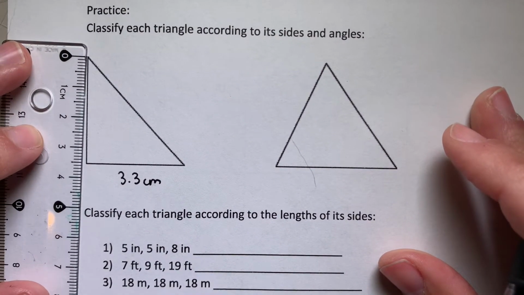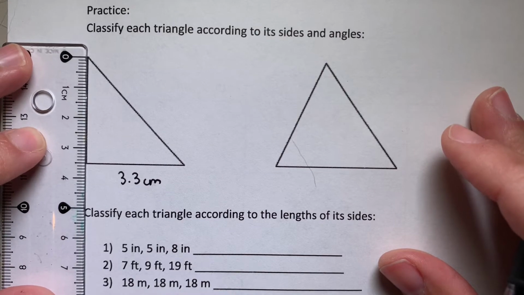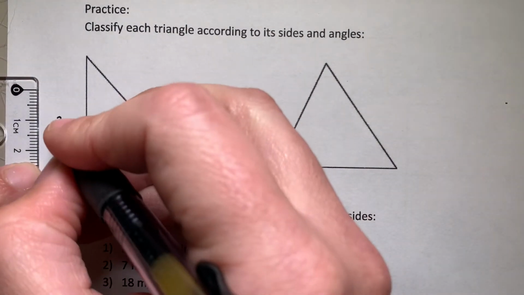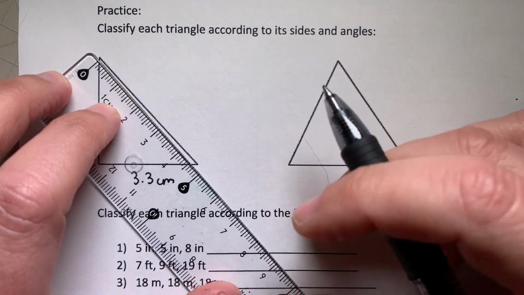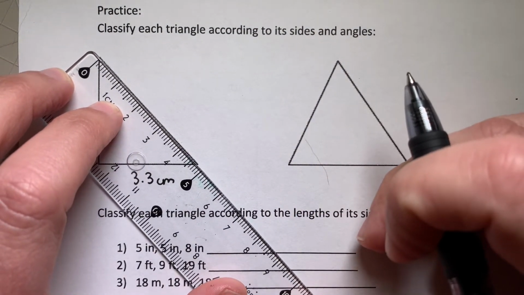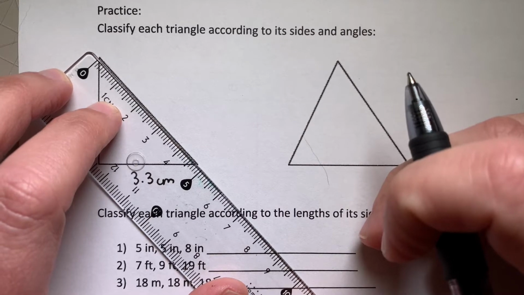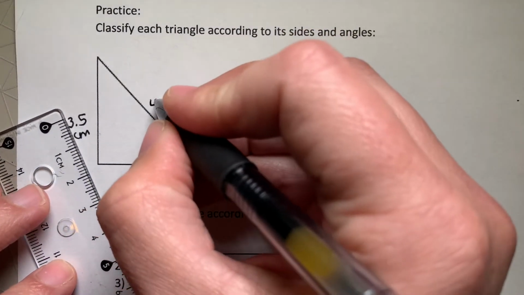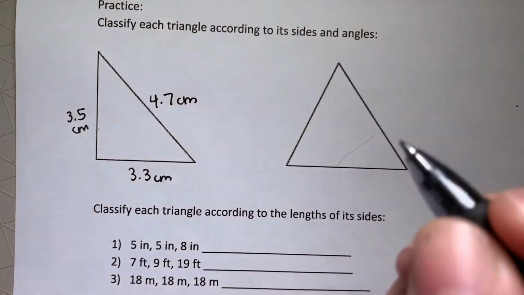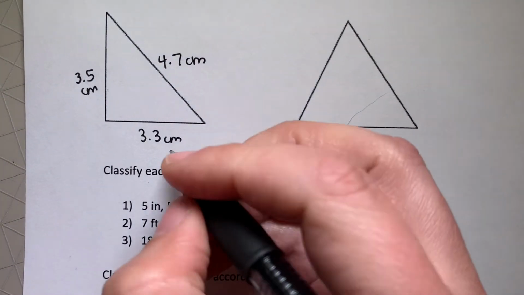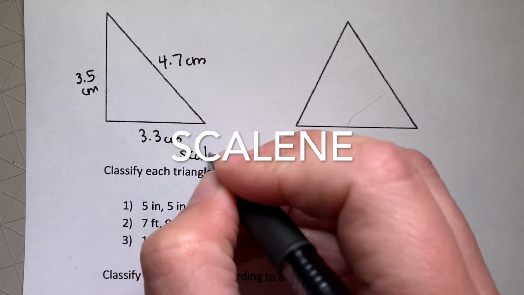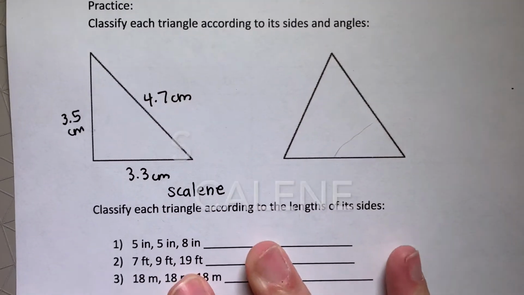And this is about 3.5 centimeters. And the hypotenuse, well, I'm just going to assume this is a right triangle, it's about 4.7 centimeters. All right, so just by looking at the sides, they are all different lengths. So right away, I know this is a scalene triangle.